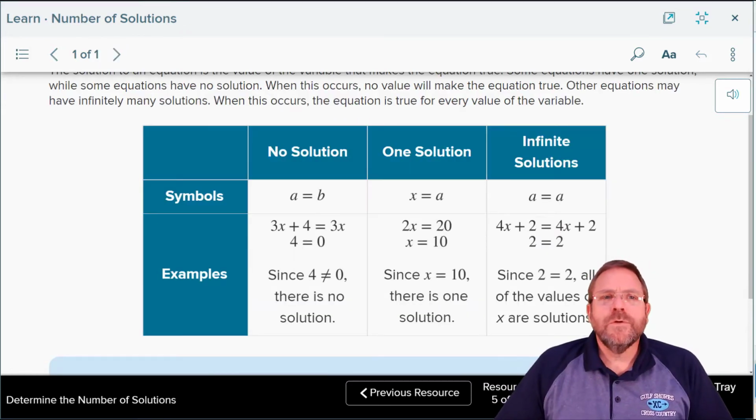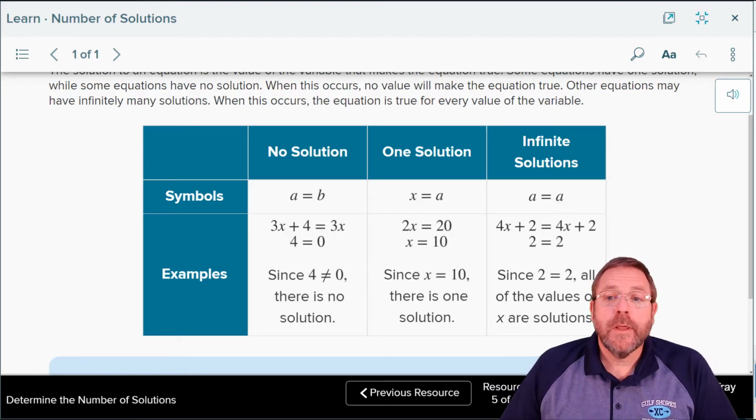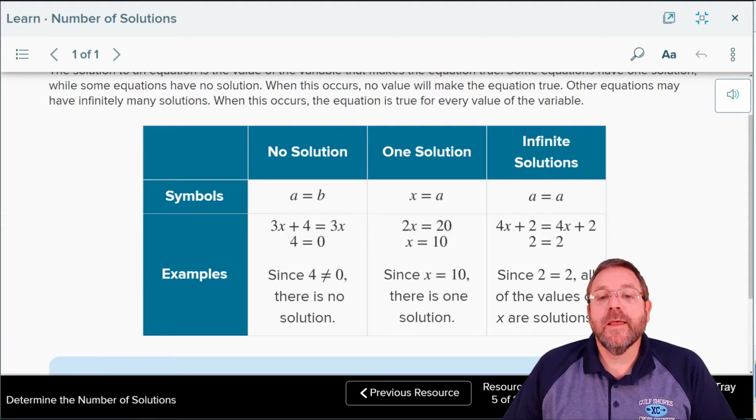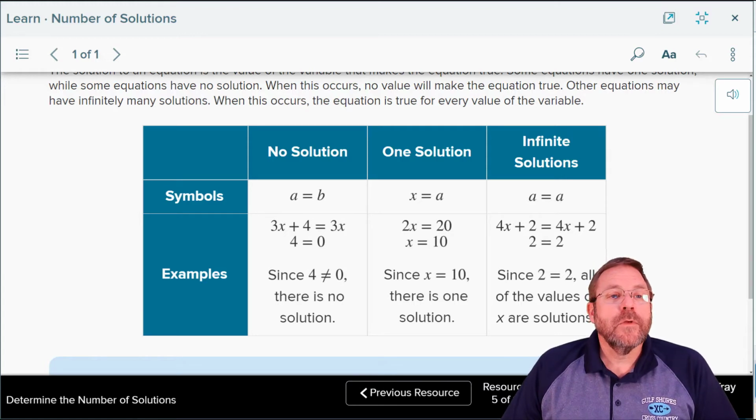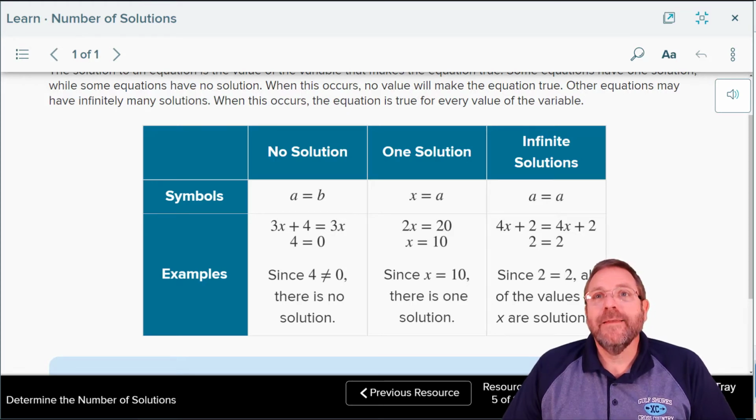The solution to an equation is the value of the variable that makes the equation true. Some equations have one solution, and you can see that in this one right here, it is represented as x is equal to a. Your x value equals one solution. Some equations have no solutions, and you can see that in this one right here, where you have a is equal to b.